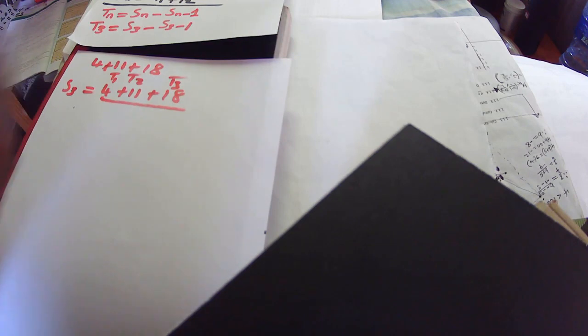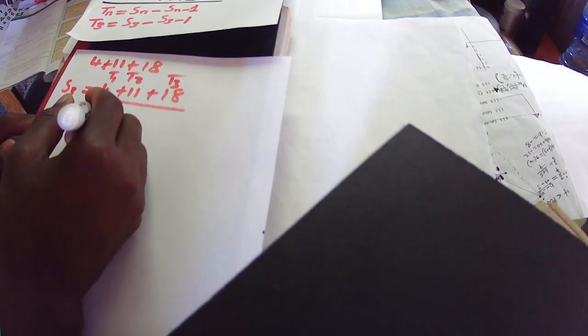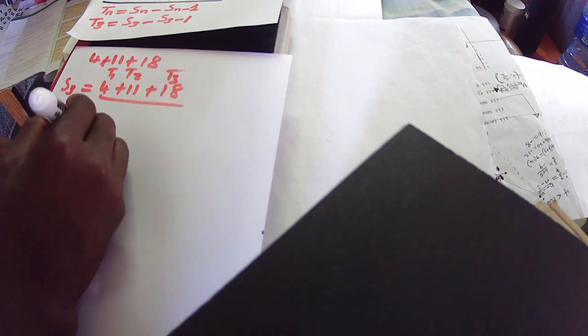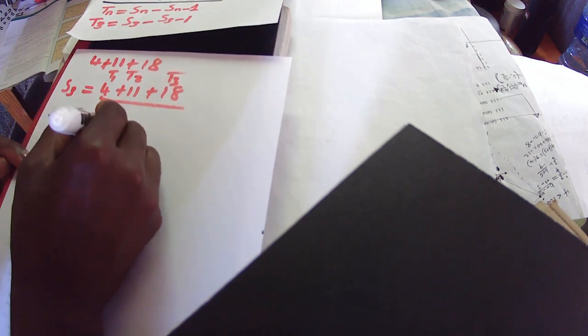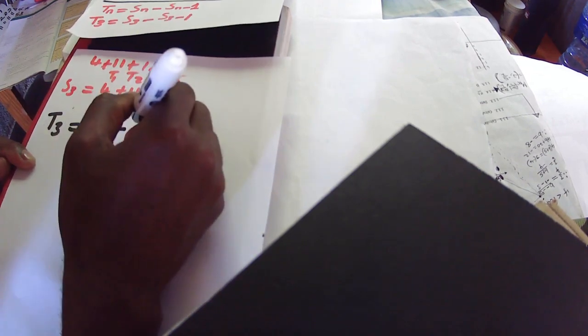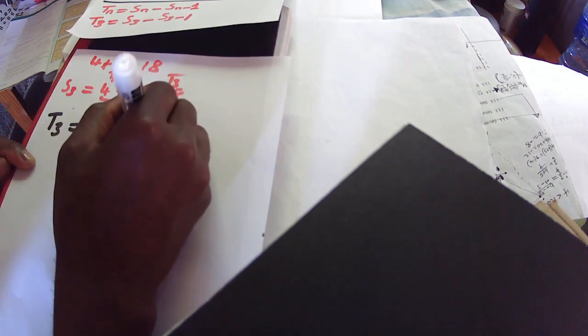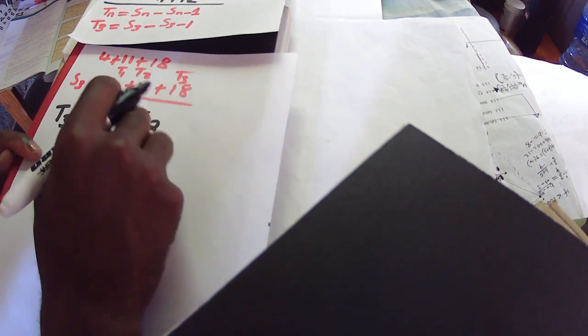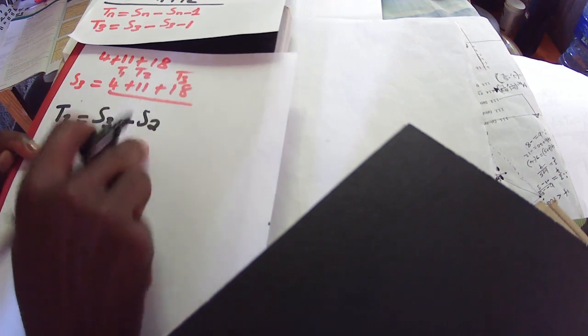Now, if I want to get T3 from the sum, I would say the sum of the 3 terms minus the sum to 2 terms, that is S3 minus S3 minus 1.